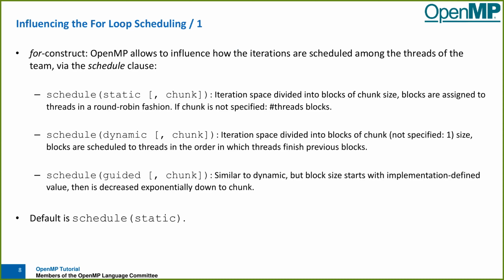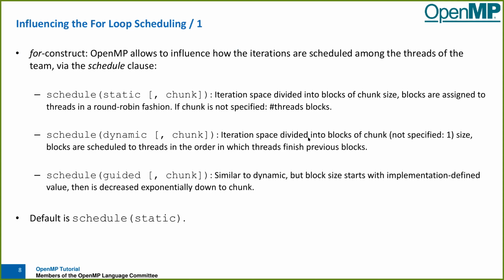However, sometimes we have a load imbalance. That means some iterations take longer than others. This was not the case in my example, but I'm certain you can imagine some cases where this is true. If we then work with a static schedule, we always have to wait for the thread that has to perform in total the most work, meaning which got assigned in sum the most expensive loop iterations. To address that, we can go to the dynamic schedule.